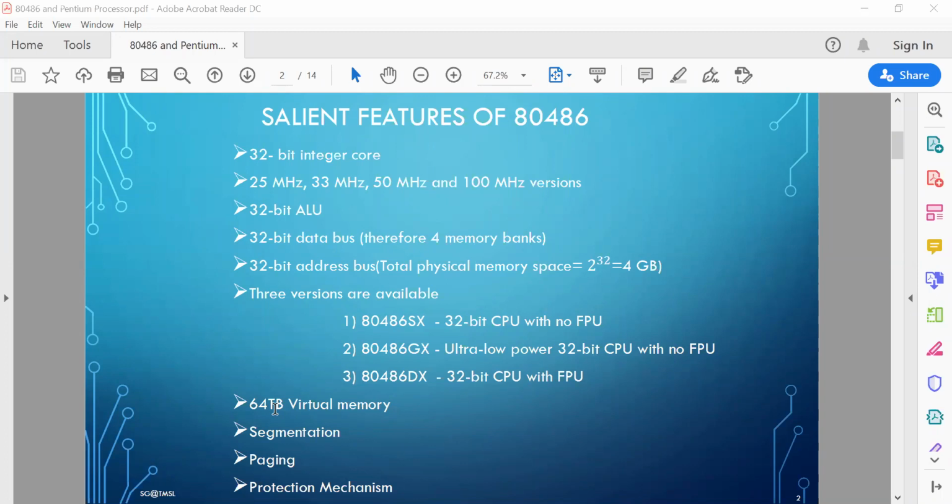Virtual memory is a concept implemented inside your memory, so that the maximum memory space can be used by the processor, and any operation can be done in a faster way, at very high speed. So that's why a total of 64 terabyte virtual memory can be implemented using this 80486 processor.